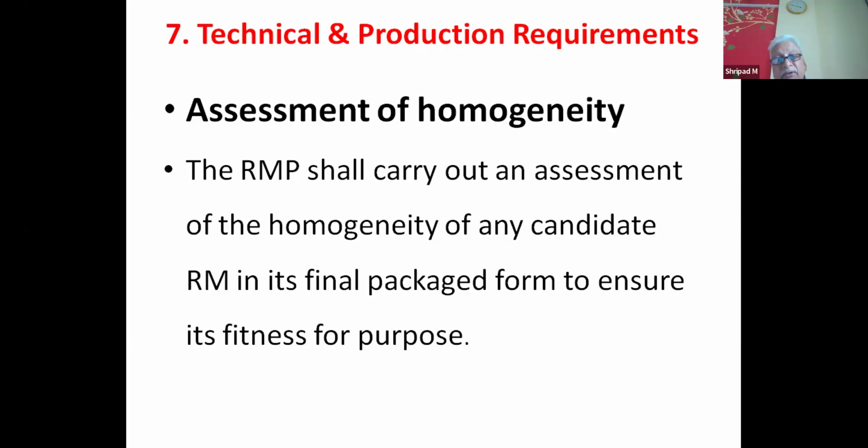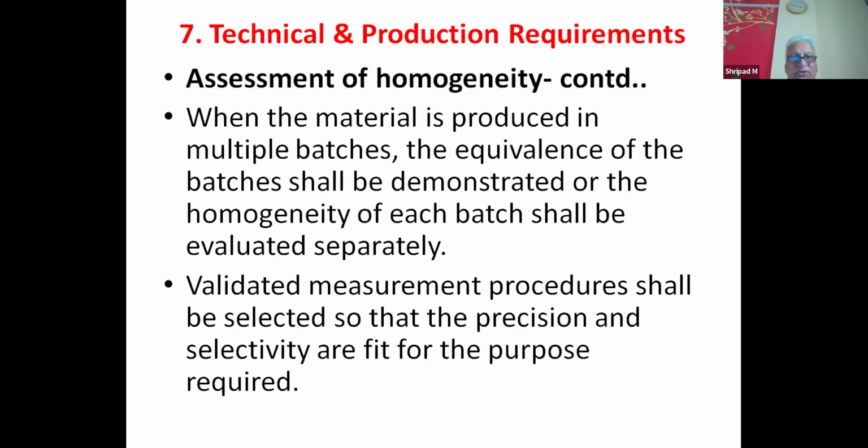We select the bottles, and from each bottle we assess homogeneity within the bottle and between the bottles. From the variation within and between the bottles, you can conclude about the homogeneity. When the material is produced in multiple batches, the equivalence of the batches shall be demonstrated, and the homogeneity of each batch shall be evaluated separately.